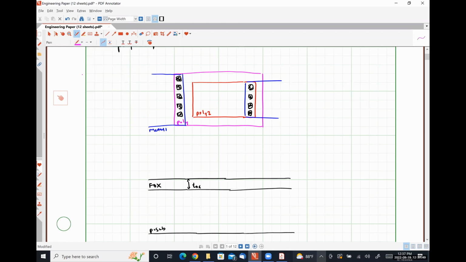Then we have our poly 1 plate. Here we have, draw this accurately, our poly 2 plate here.